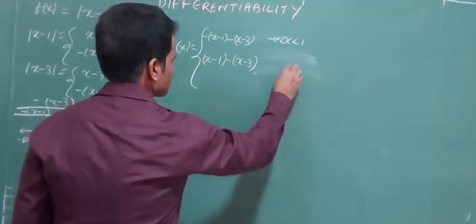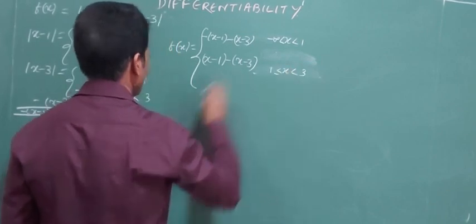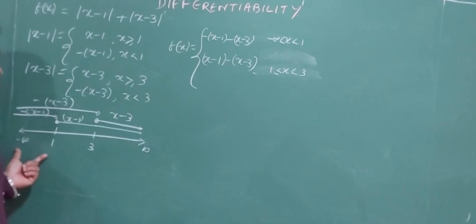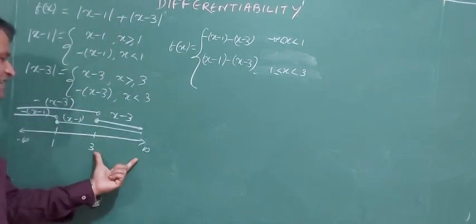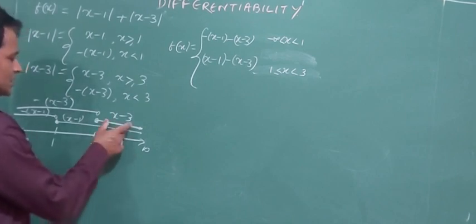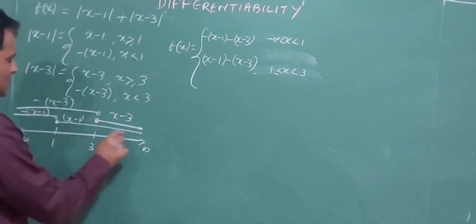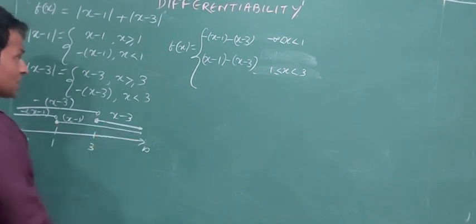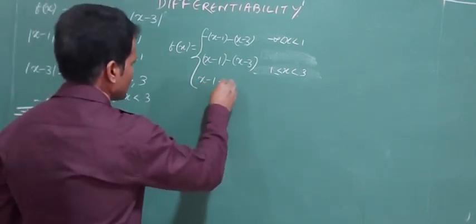Right? Third one now, this is the extreme right hand side. Extreme left hand side, all modulus are negative. Extreme right hand side of the partition value, all are positive. You can see this is positive and x minus 1 is also positive. x minus 1 starts from here positive, so this also is positive. So x minus 1, x minus 3.